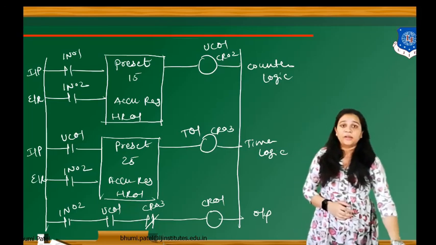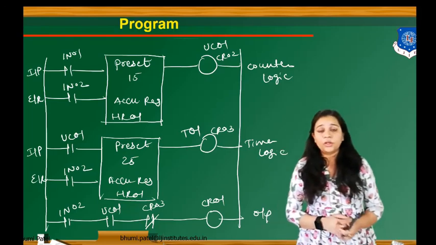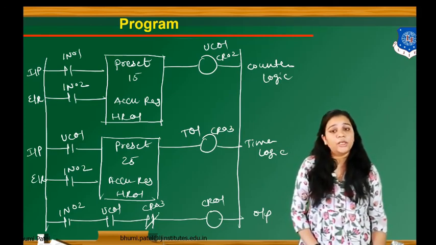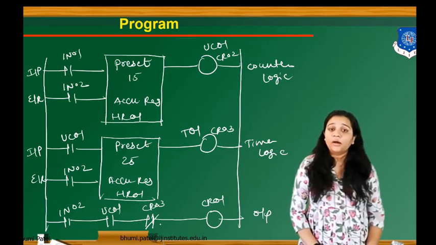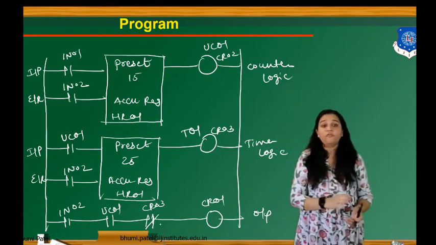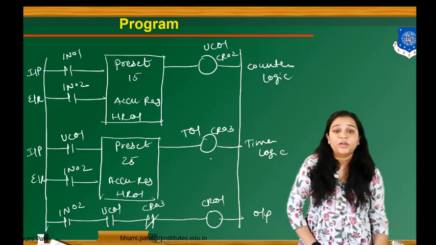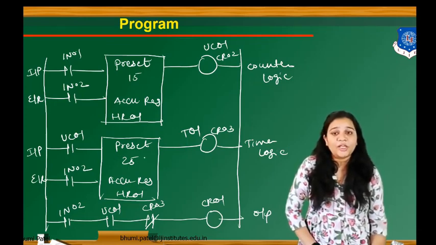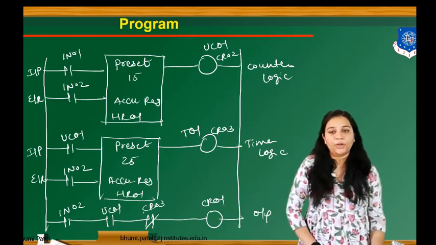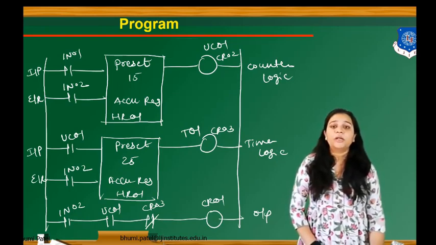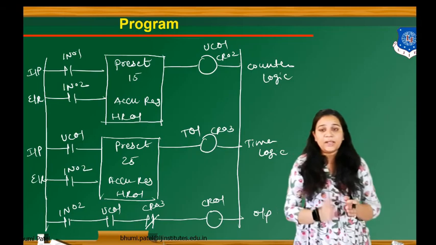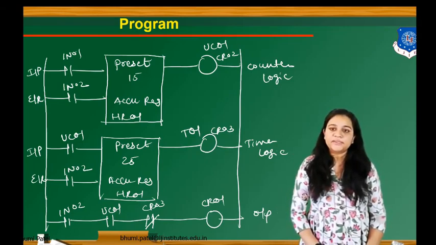If they ask that after the 15 count my timer will be on, okay, so we can connect a normally open contact here, but they tell us that after the counter is reached, my timer will run for 25 seconds. So after the timer is on, after the preset value of 25 seconds is reached, my timer will be closed and the output will be open. Okay, so here we can connect the normally closed contact. So using the counter and the timer block, we can easily write the program for this particular system.